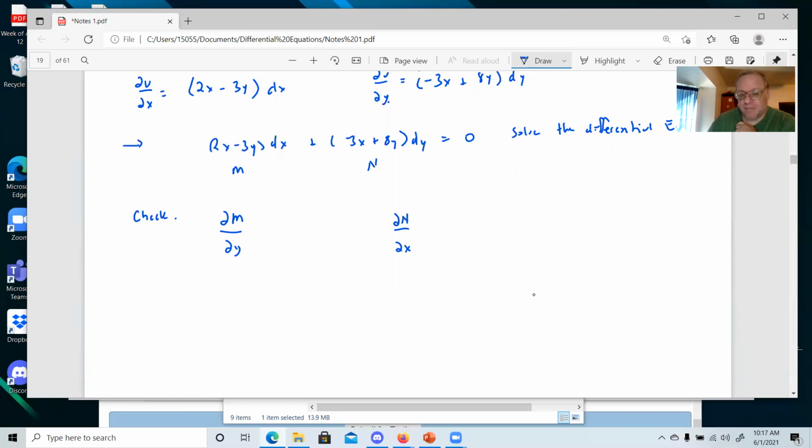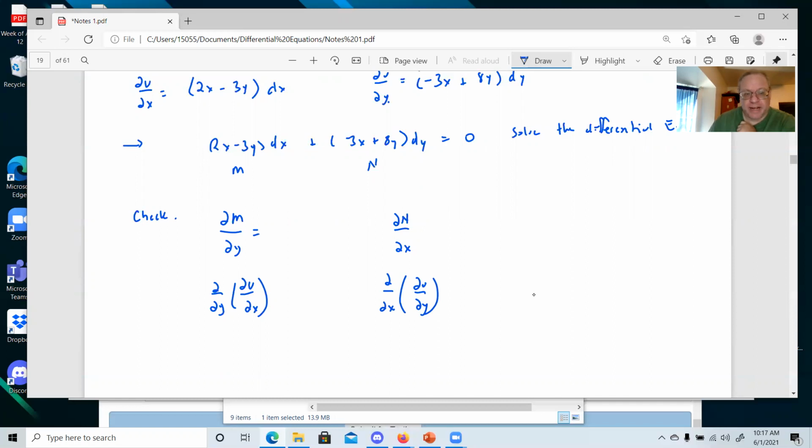Since M was the partial of u with respect to x, really what we're saying is this is the partial with respect to y of du dx, and N was du dy. And we're asking, is this the same? So we're checking the cross variable partial derivatives, the second derivative with the mixed variables.